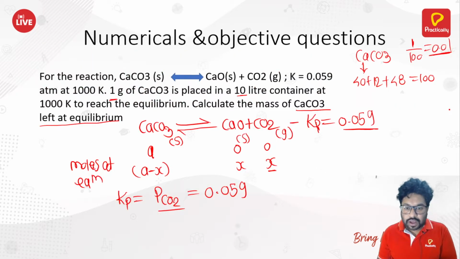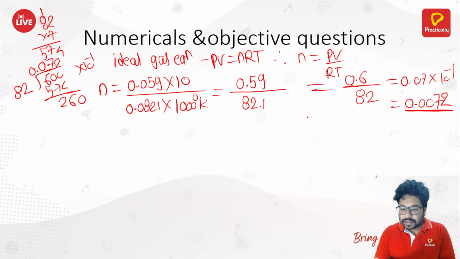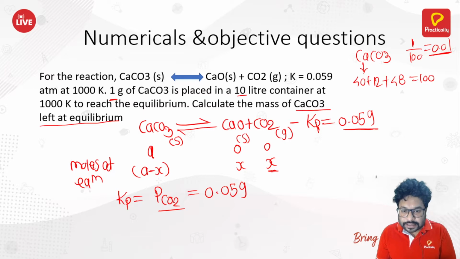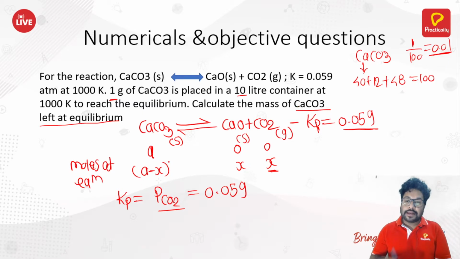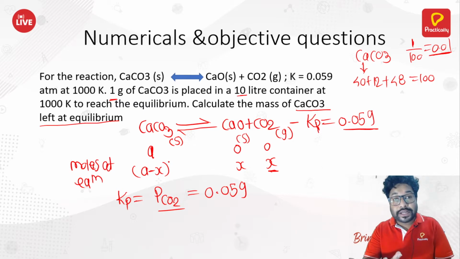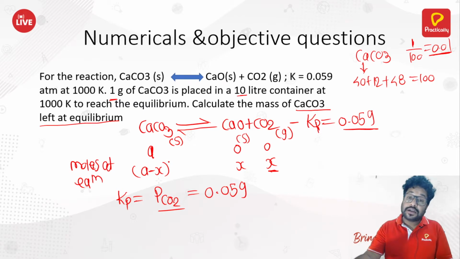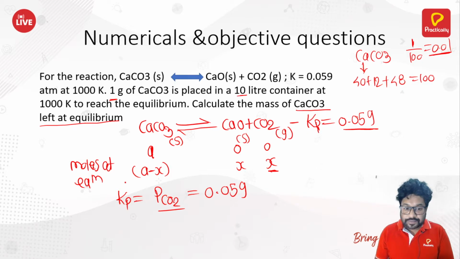Now basically you got the X only. That n is nothing but this X, right? Now how much CaCO3 remains? Firstly, you will get the number of moles of CaCO3 that remain. Then by multiplying it by its molecular mass, you will get the mass of CaCO3. So A minus X basically, right?